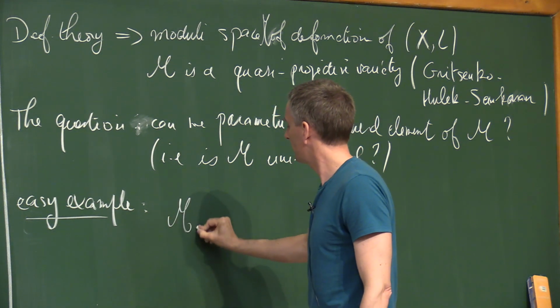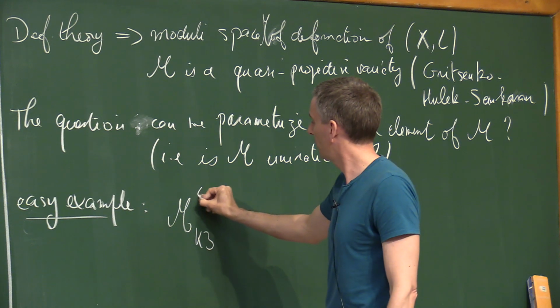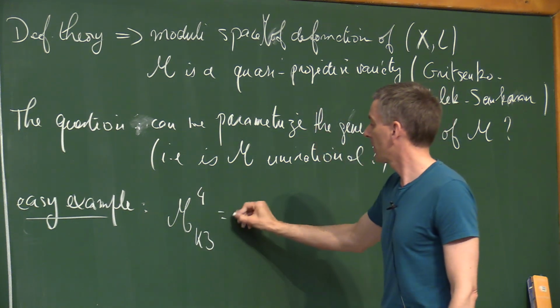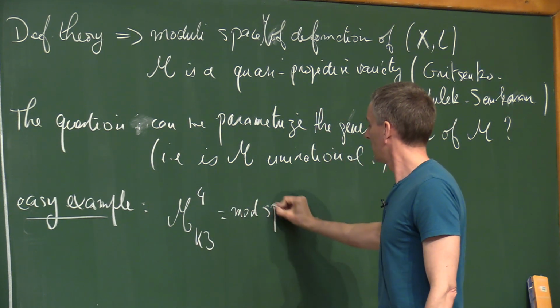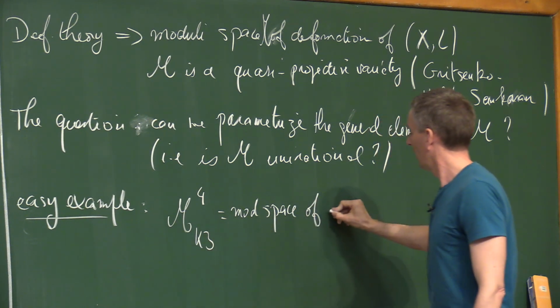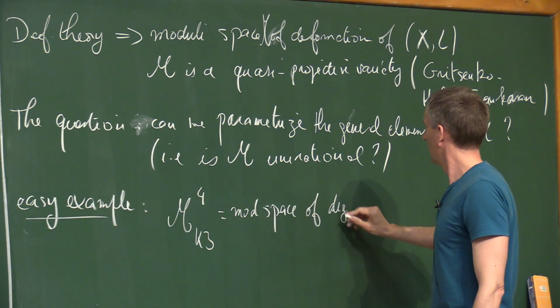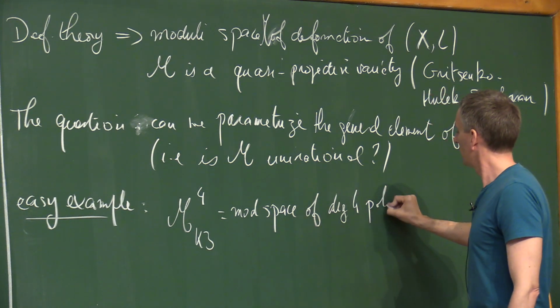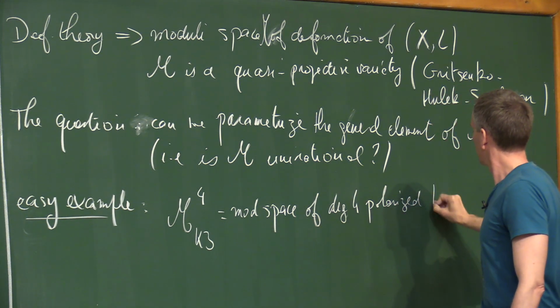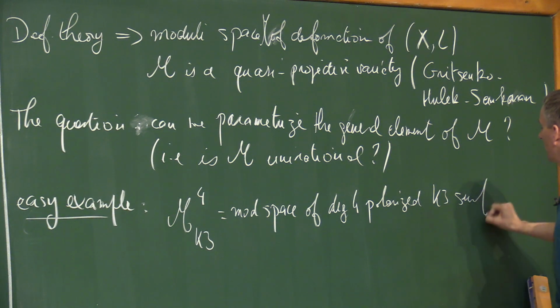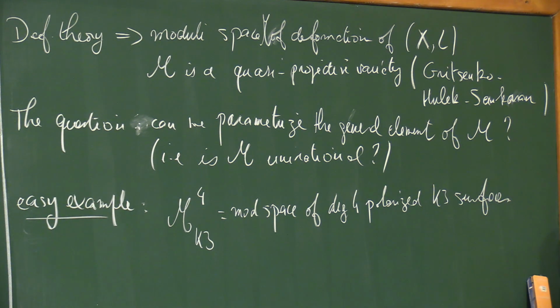The moduli space of K3 surfaces with a polarization of degree 4. Moduli space of degree 4 polarized K3 surfaces, so with an ample class of square 4.